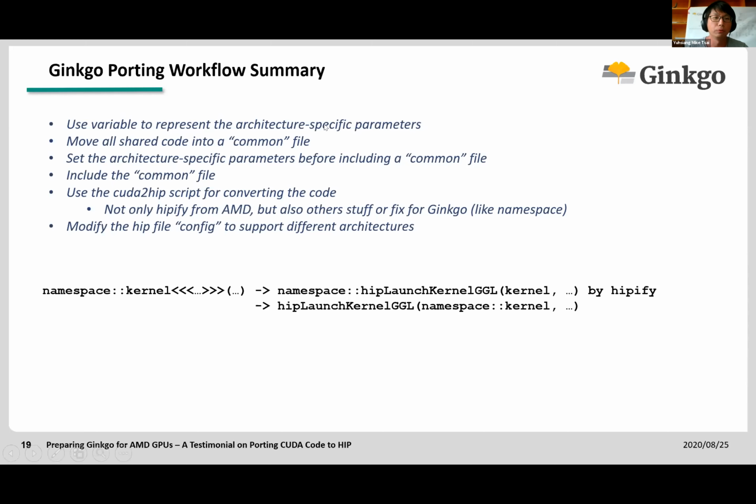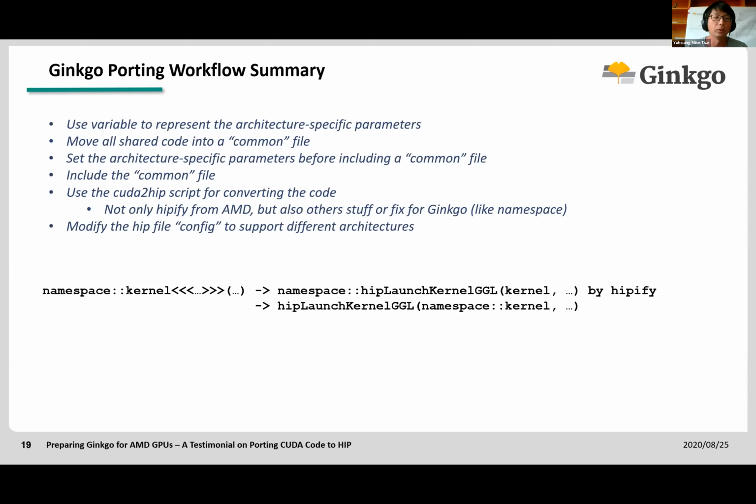And we move all shared code into one common file to avoid code duplication. After that, we can set the parameters before we include the common file, and they can be different for CUDA and HIP. So after that, we can include it, and we can use a script to convert the CUDA code to HIP code.